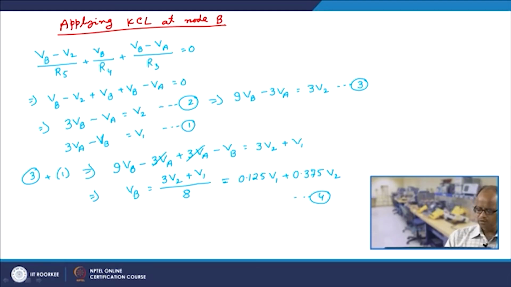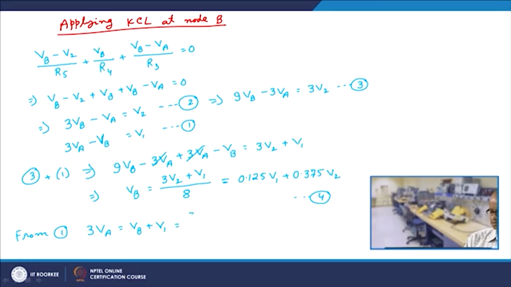Now, because I have got this VB, we have to calculate VA. So, from equation 1, 3 VA is equal to VB plus V1.